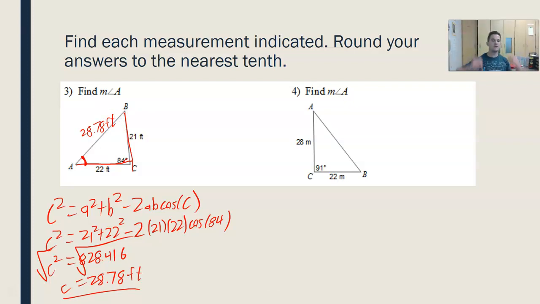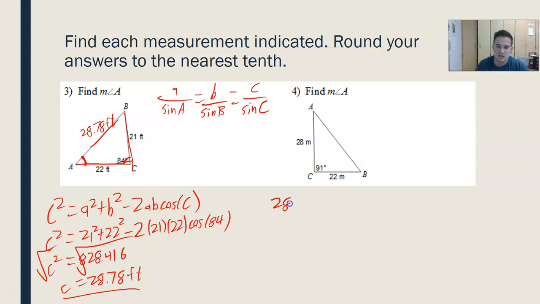Oh, but shoot, I wanted to find angle A. Well, never fear. Now I have a side and angle opposite that side, so I can use the law of sines. So remember, the law of sines says A over the sine of A is equal to B over the sine of B, which is equal to C over the sine of C. All those ratios are equal to each other.